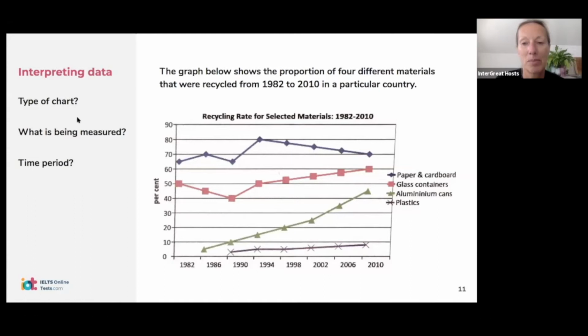And then what's the time period? Yeah, 1982 to 2010, that's right. Okay, so obviously you're thinking, oh, that's like a really obvious question, but so many people just don't read all the information and they make mistakes with this.